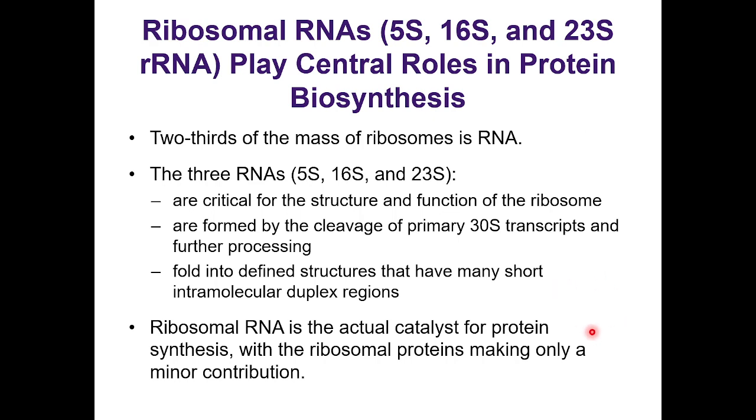The ribosomal RNA is the actual catalyst for protein synthesis, with the ribosomal proteins making only a minor contribution. And it's widely thought, though they're still working on getting more evidence for this theory, that there was a version of ribosomal RNA that did this without proteins. That was a precursor before.